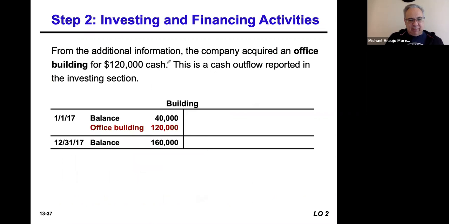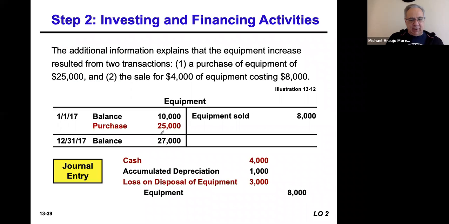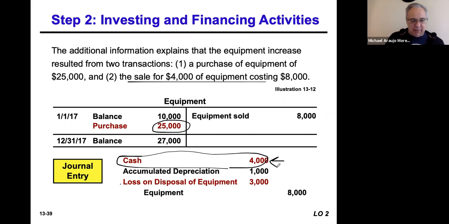You'll see that, again, the building account increased because we used cash. The equipment account increased because we used cash. We also sold equipment for cash. We don't really care much about the loss. We're following the cash on the cash flow statement.